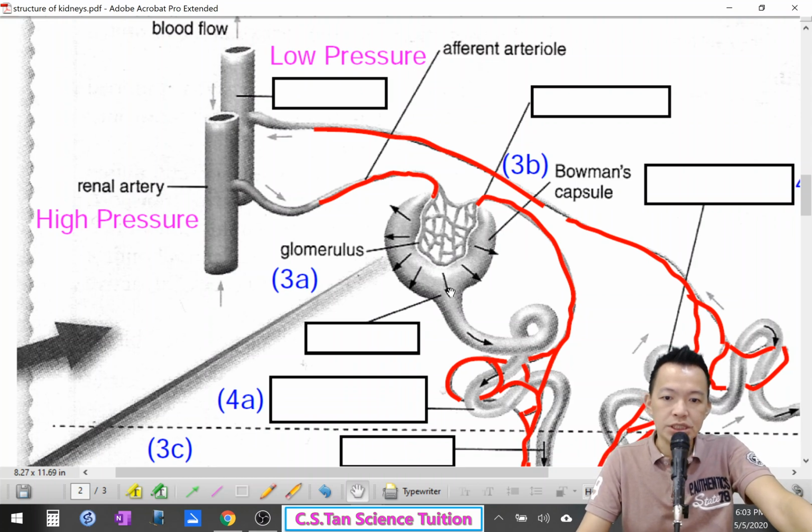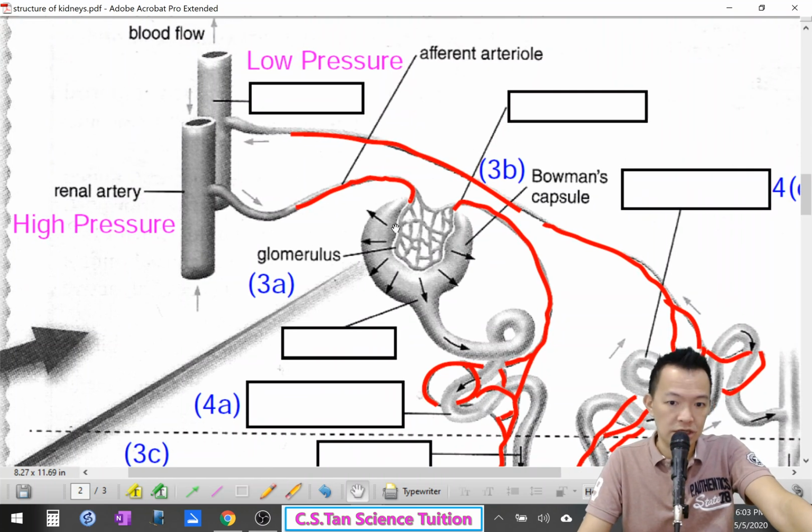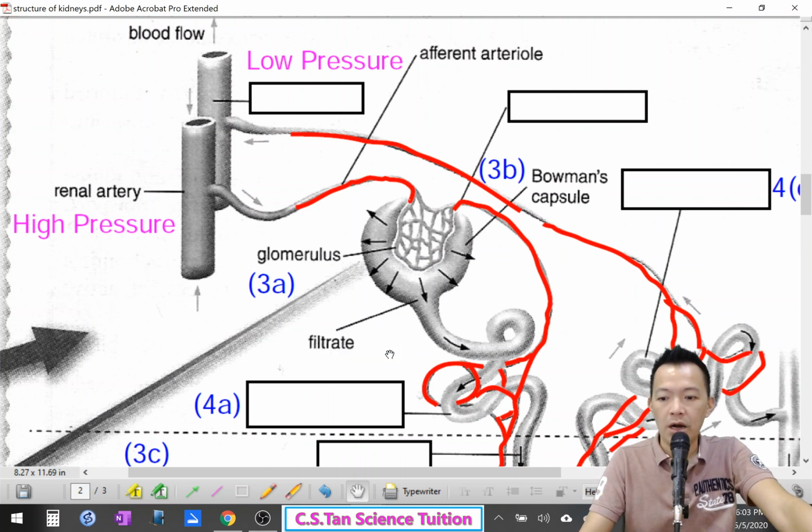Okay, it's going to receive the filtrate 过滤出来的液体啦 from the glomerulus, 从肾小球里面收集它过滤出来的东西. This is what we call filtrate 啦，过滤出来的物品. So certain material like blood cells, protein, plasma protein 啦, may continue to flow, 它们继续的流动.